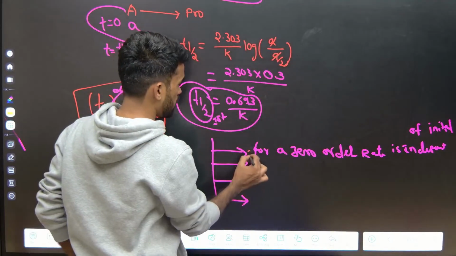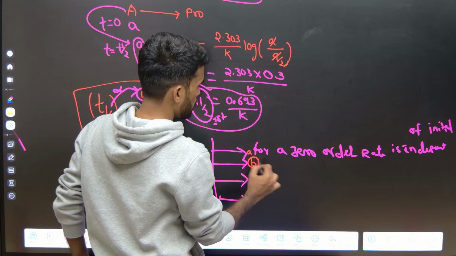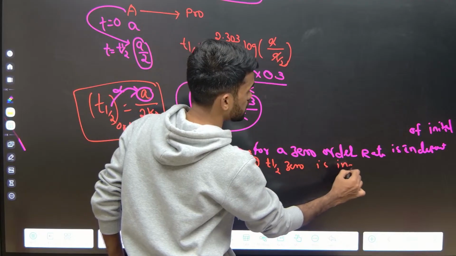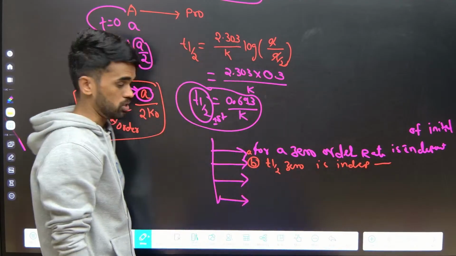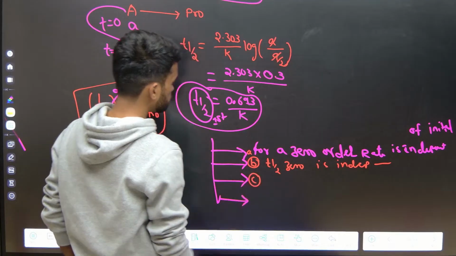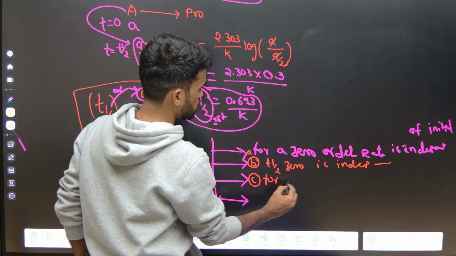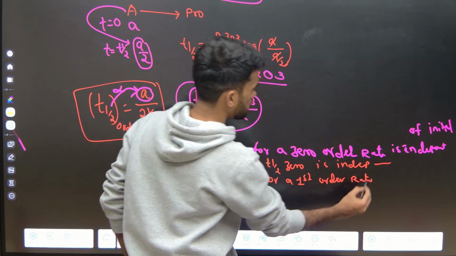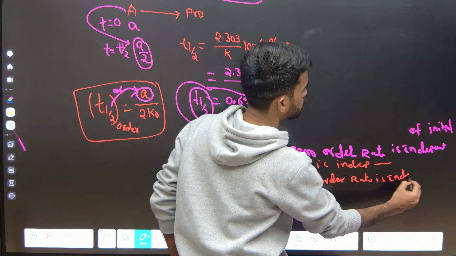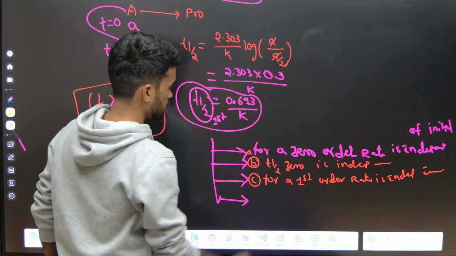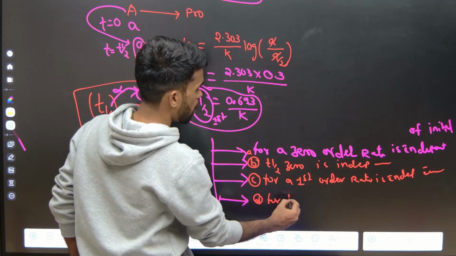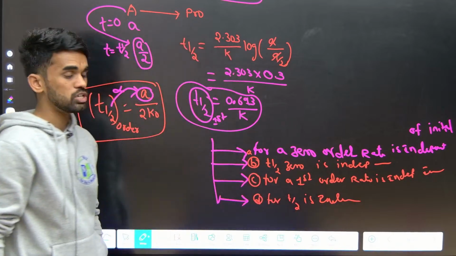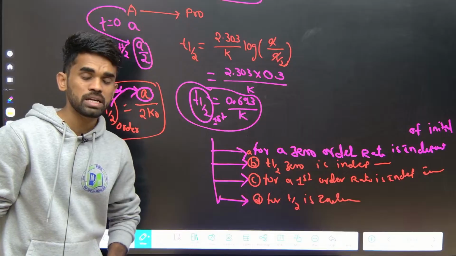Second statement, B: half life t half of zero order reaction is independent of initial concentration. The next, third statement: for a first order reaction, rate is independent of initial concentration. Next, for a first order reaction, half life is independent of initial concentration. So tell me, out of these 4 statements, which is correct?